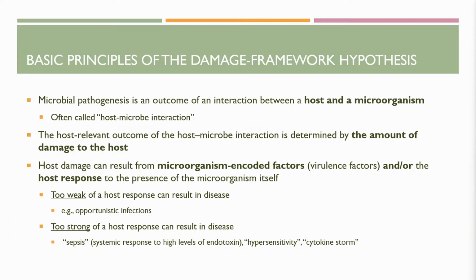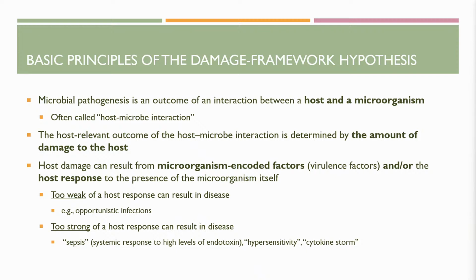So just some basic principles of this damage framework hypothesis. Essentially our immune system is going to react, or be activated, when there's some sort of damage by a microbe. And so microbial pathogenesis, being able to call it a pathogen, is an outcome of the interaction between a host and a microorganism.